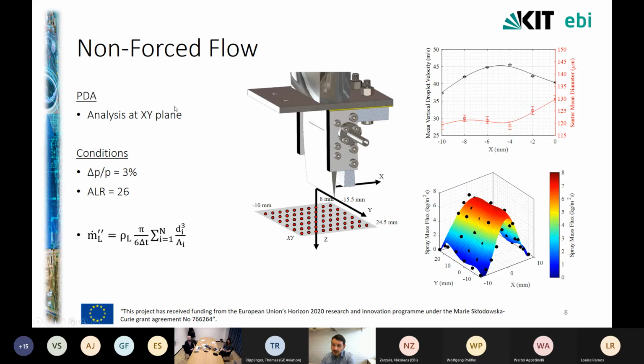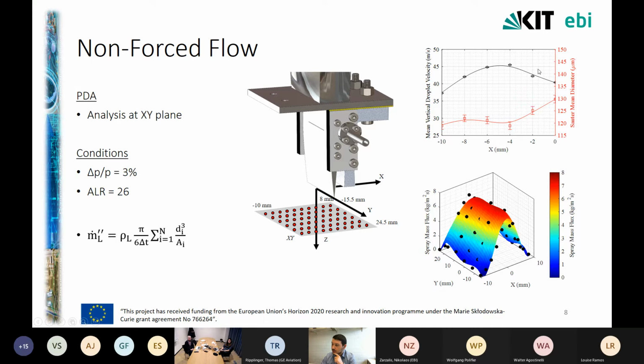Moving on to the PDA results again for non-forced cases, we can see that we have measured a plane, a surface perpendicular to the flow direction, the XY plane, which you can see here at a downstream distance of 40 millimeters, with the same operating conditions as before.